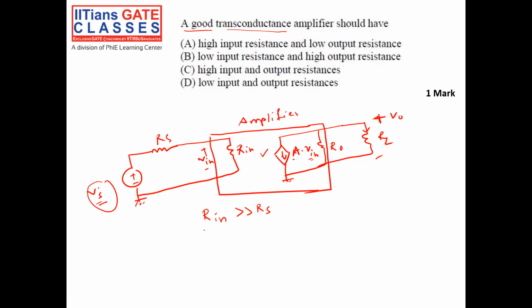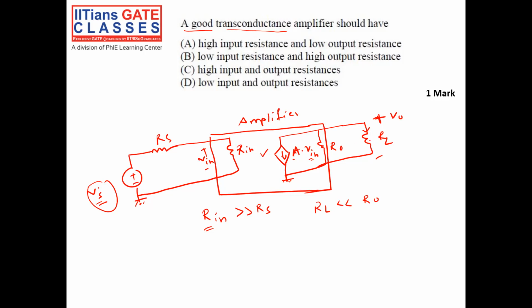So Rin should be very high. Here also I want the current at the output, nothing but AN times VN, to go almost completely to my load resistance. So my load resistance should be very small compared to my output resistance, so that my total current passes to my load.